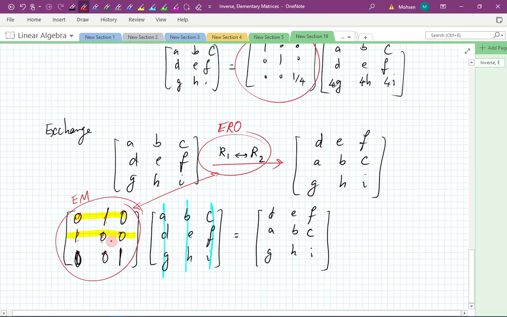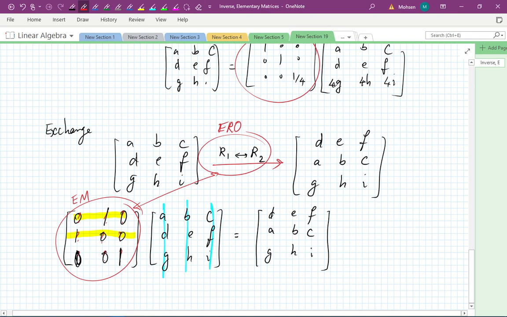How do we quickly come across this answer? If you take the identity and exchange row 1 and 2 of the identity, you get the matrix that when you multiply by your arbitrary matrix, it does exactly the same action.